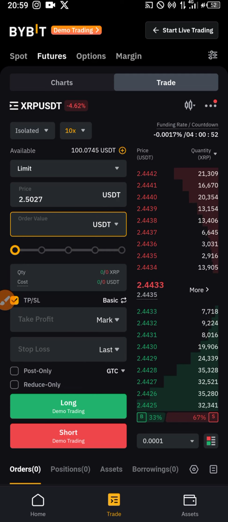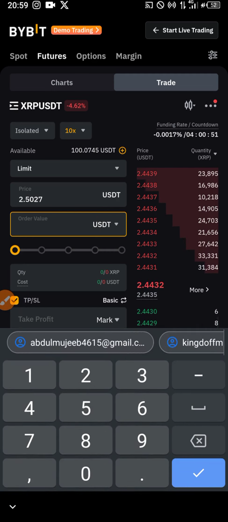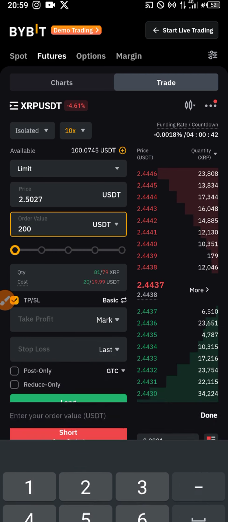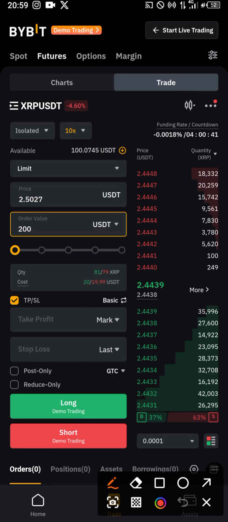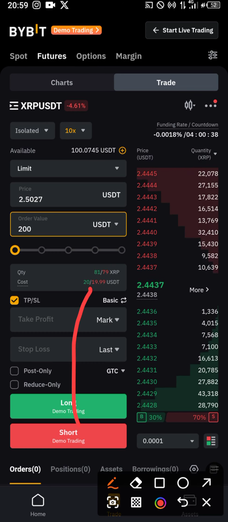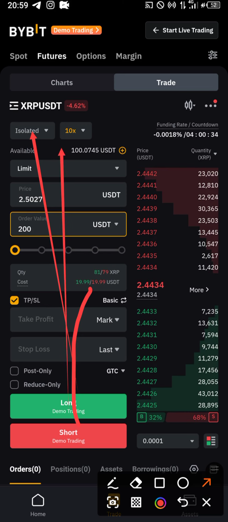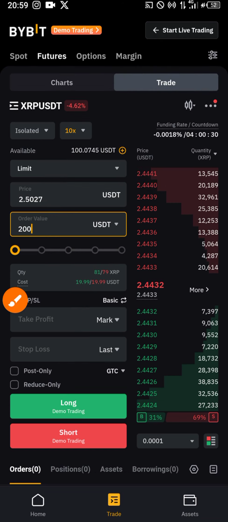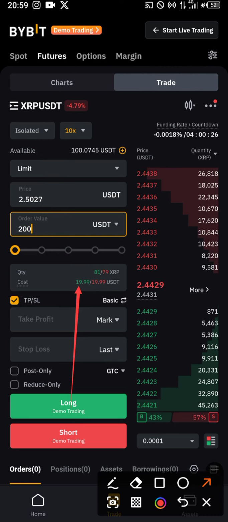But let's say I want to reach $20. Since I selected isolated, this is $20. Remember, isolated, leverage. You get leverage. So I'm risking only about $20 for this trade.